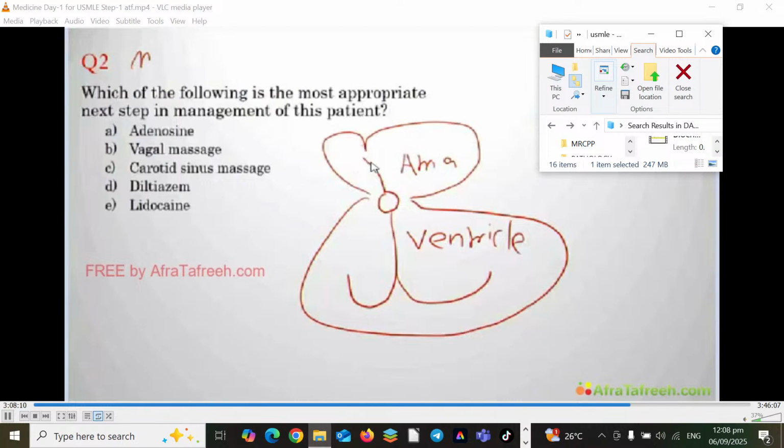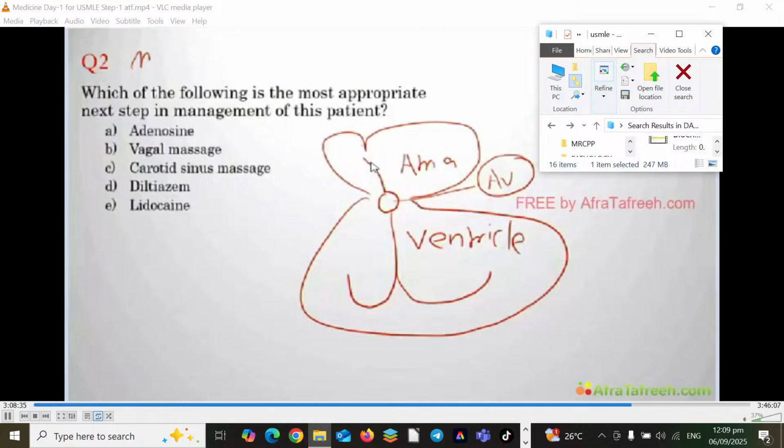So the answers that you have given me are for AV node blockade. You say block the AV node. But the methods you suggest, a carotid sinus massage or a vagal massage, are very temporary measures to stop the AV node.